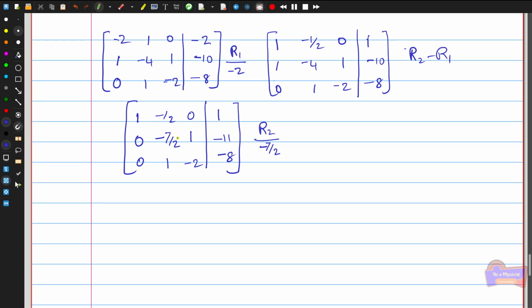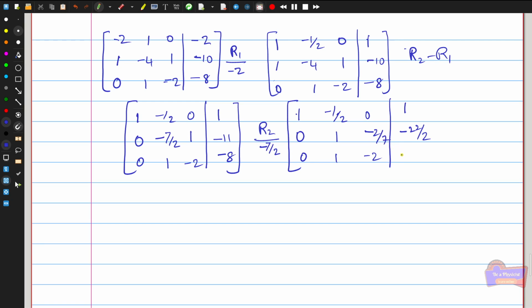If I do this for the whole row 2, I can get the values as 1, minus half, 0, here this is 0, this is 1, this is minus 2 divided by 7, and similarly 0, 1 and minus 2, and the values 1, minus 11 divided by 2, that is, 22 divided by 7, because we have the 2 in the denominator, and this one will be minus 8.